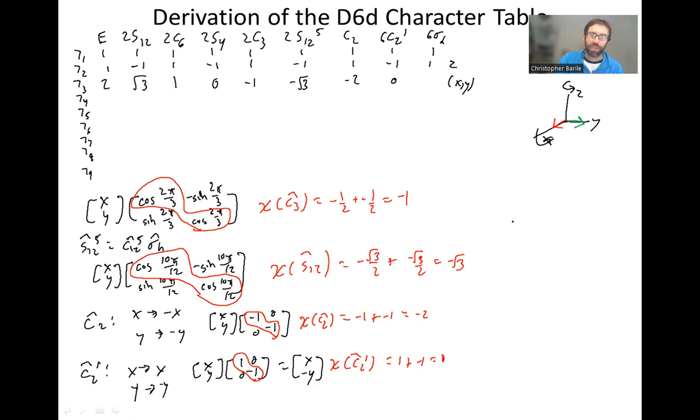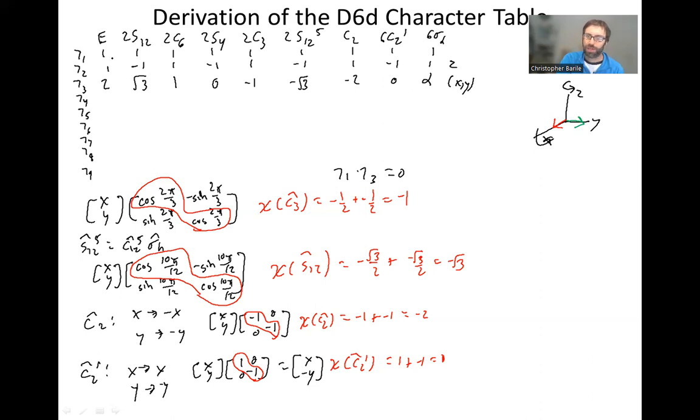You can work through the math here, but I recommend at this point just using the principle of orthogonality to figure out this last component. We know that gamma 1 dotted with gamma 3, gamma 2 dotted with gamma 3 has to equal 0. Gamma 1 is the best one to look at because it's ones across the board. And these dot products, remember, are always weighted by the number of operations in each class. And so because gamma 1 is all 1s, basically it's just 2 times, we'll put this as an unknown alpha.